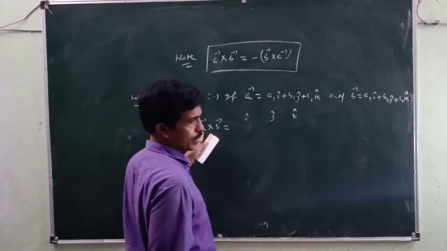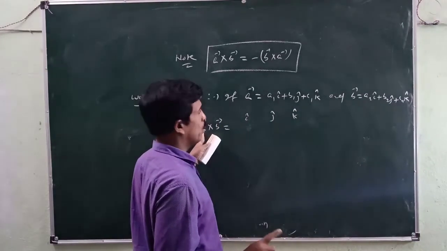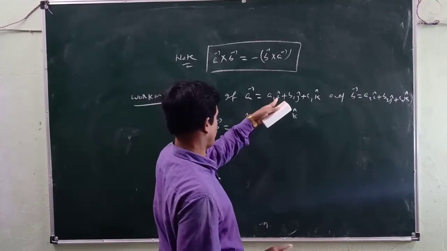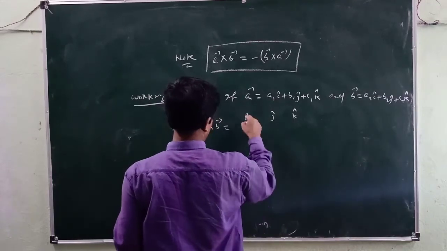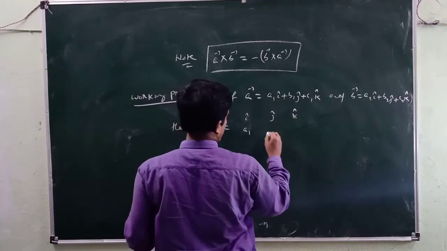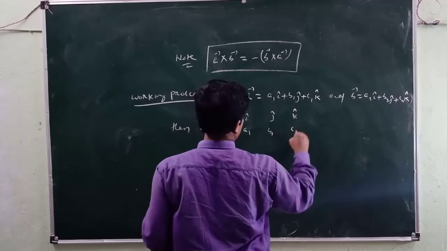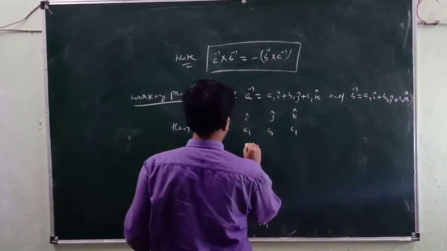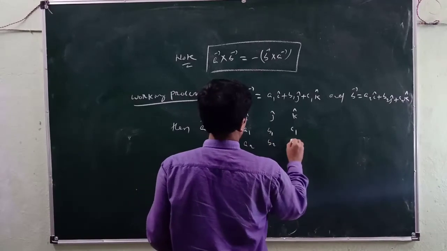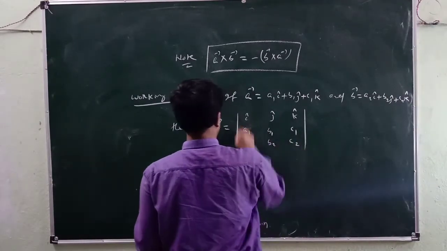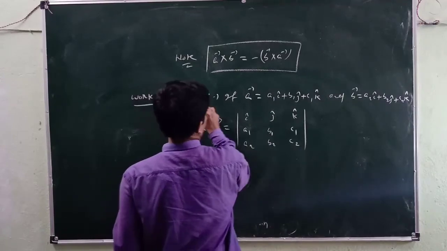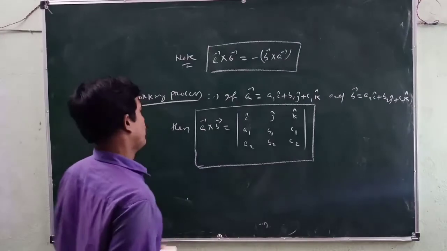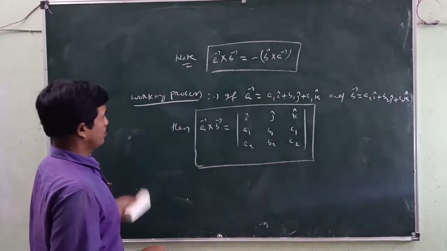Since it is A first, first you write the coefficients of A. So here coefficient of i cap is A1, again here B1 and C1. Then write the coefficients of B, so it will be A2, B2, C2. Then you take its determinant. That gives the value of the vector A cross B.